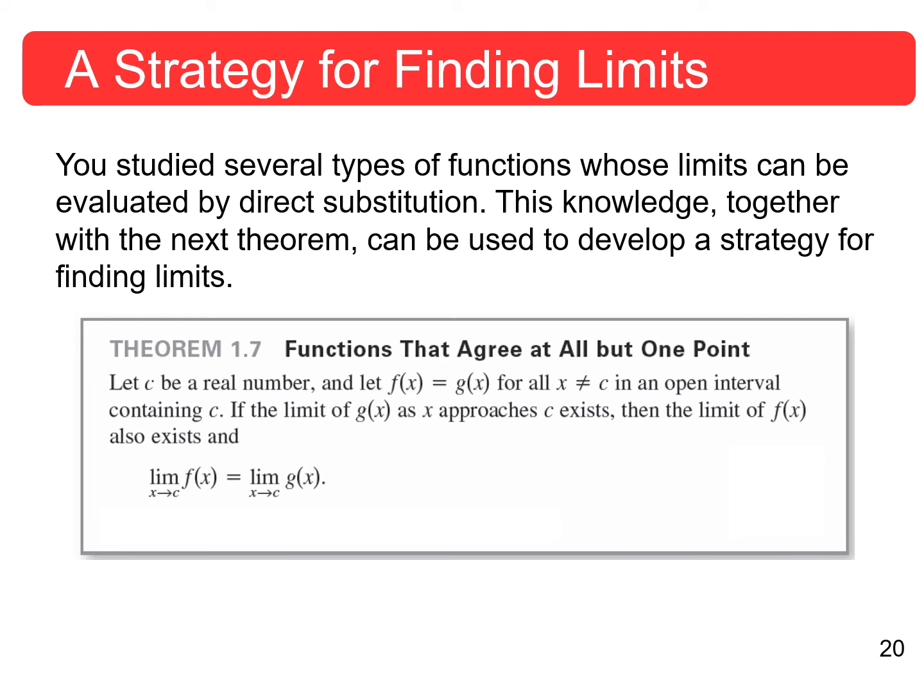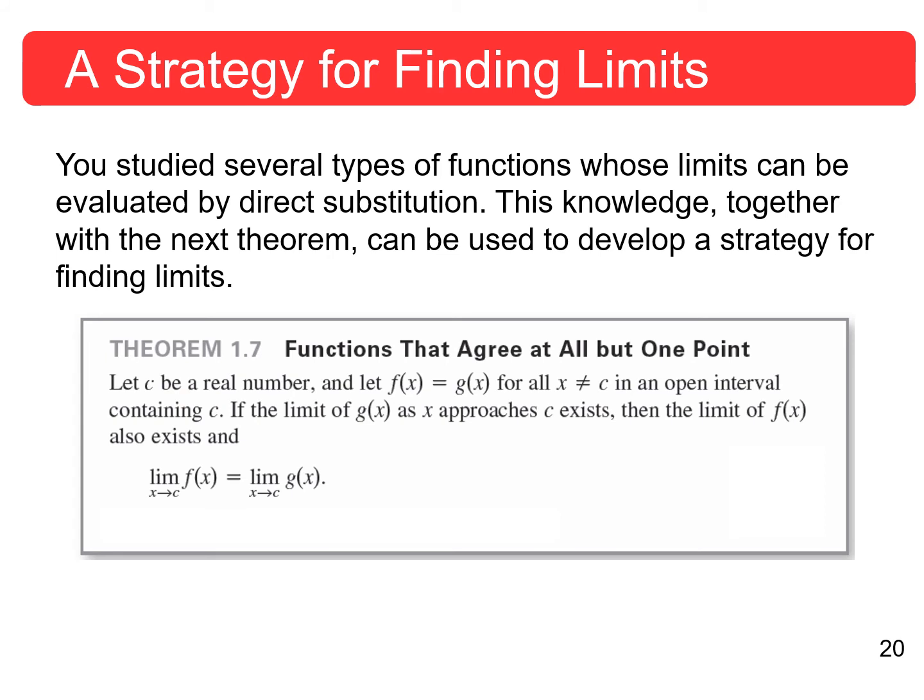Now let us consider functions that are equal at all points except possibly at one point. Suppose we have f of x and g of x, two functions that are equal for all x except possibly at x equals c, and this c must be a real number.